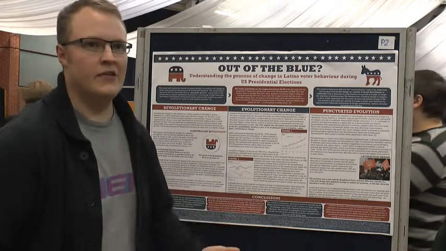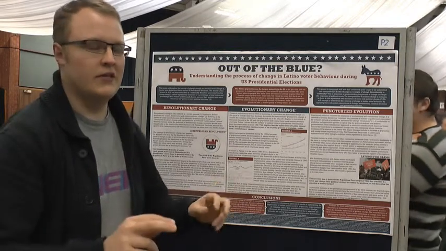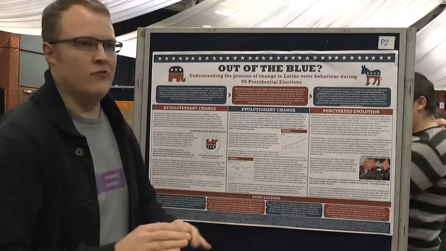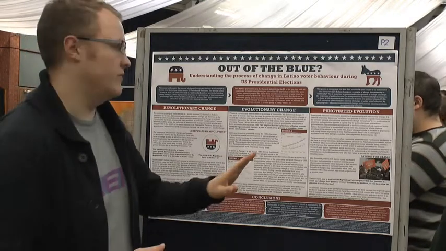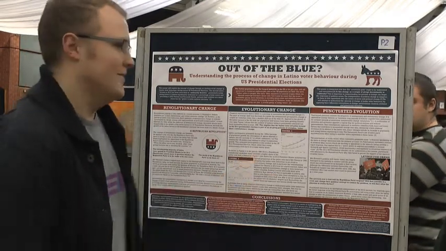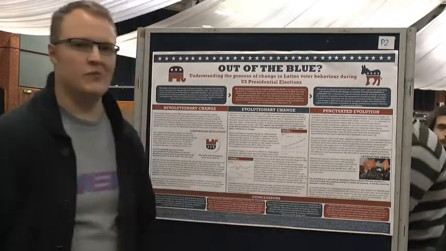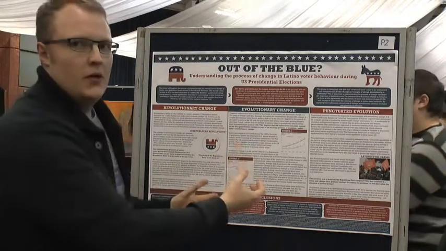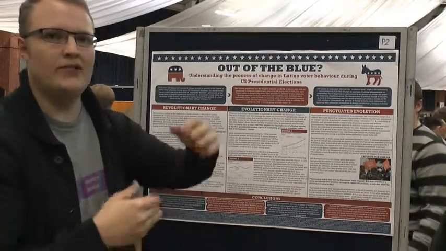So over years, there's been an influx of immigrants who consider themselves Latino, and just a general dominance of the allegiance towards the Democrats. Alternatively, the punctuated evolution model combines the two, but importantly recognises that certain points are more important than others.